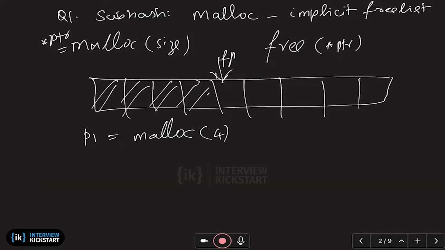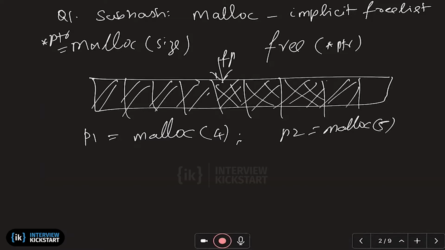So this is basically pointing to the free space, and this is allocated space. Then what happens? Let's say you have the next malloc call, which asks for 5. Then you want to allocate 5 bytes or 5 chunks, and so on. So here you are tracking the free pointer in a very simplistic way.